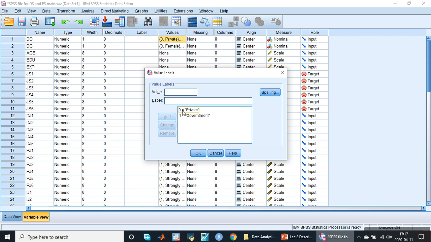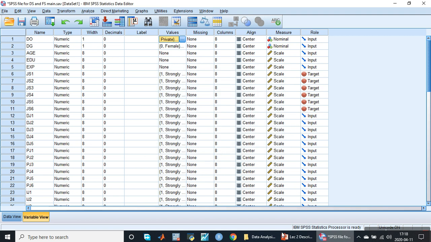Private organization is represented by 0 and government organization is represented by 1. The 1 and 0 have no mathematical value. 0 does not mean that it is less than 1, or 1 that it is greater than 0. 0 only represents the name of private organizations and 1 indicates the name of government organizations.